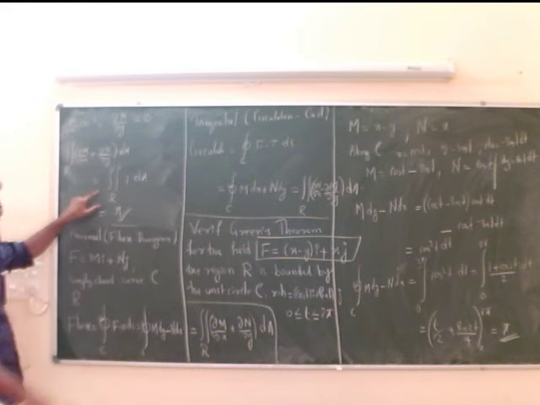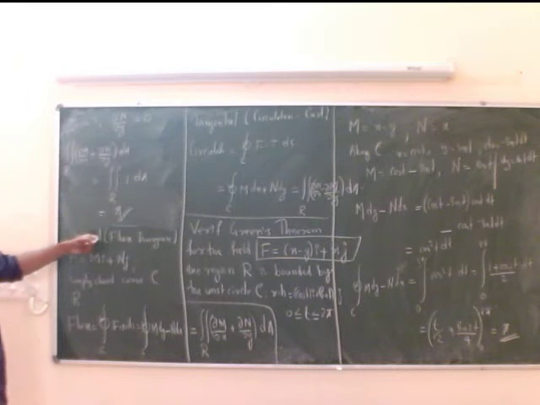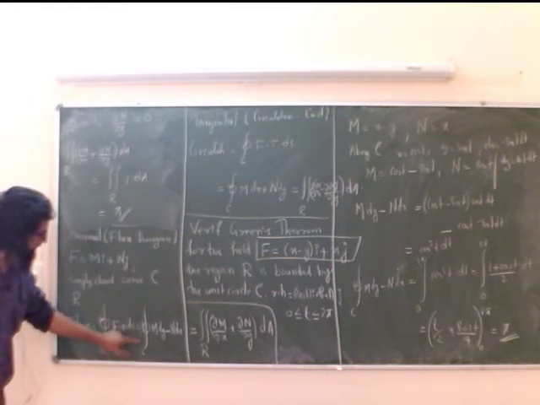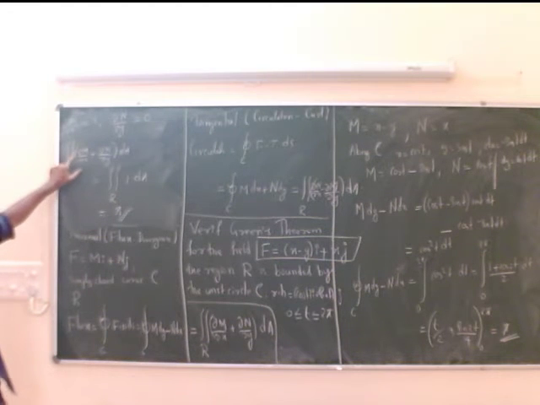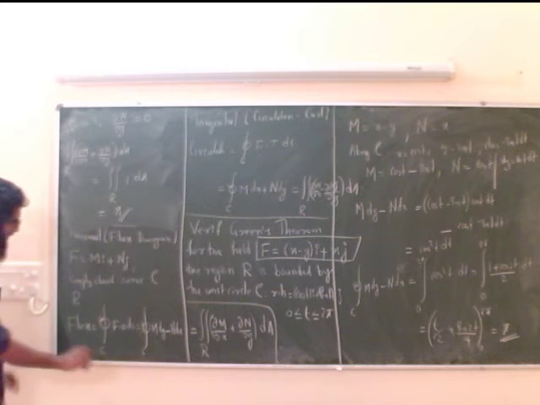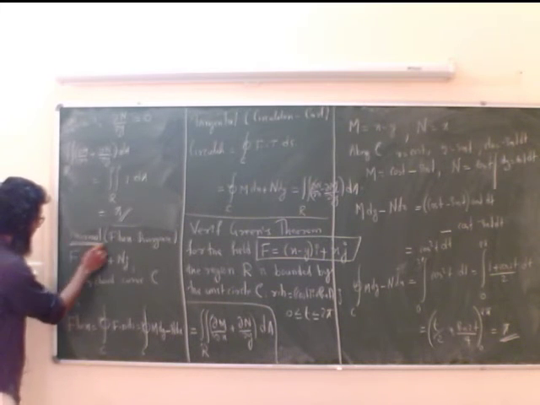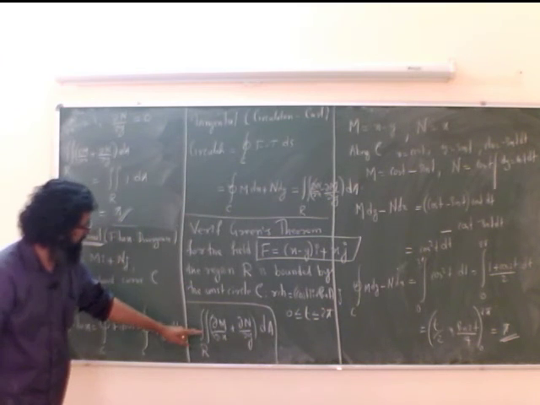Here my integration is actually very easy, or you can go for polar integrals. So I am getting the integral over C of m dy minus n dx as pi, as well as the double integral over R of dou m by dou x plus dou n by dou y dA equal to pi. So I have verified the normal form of Green's theorem for this problem.